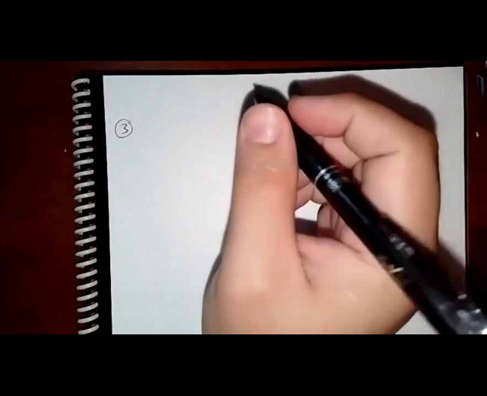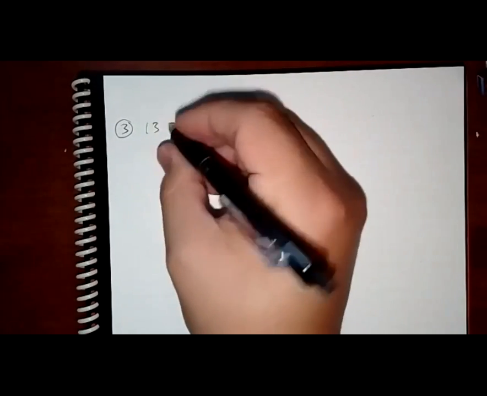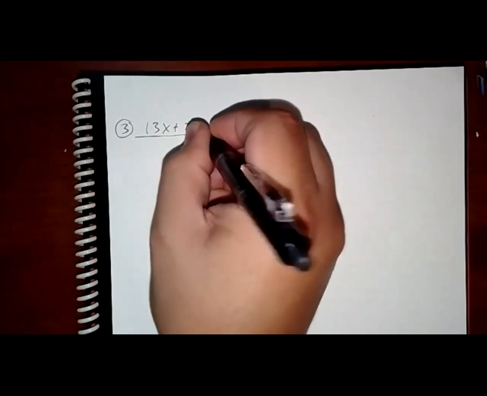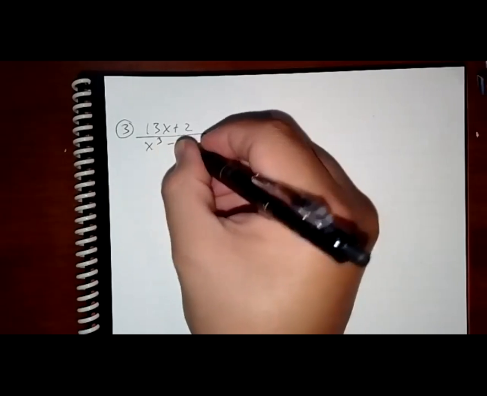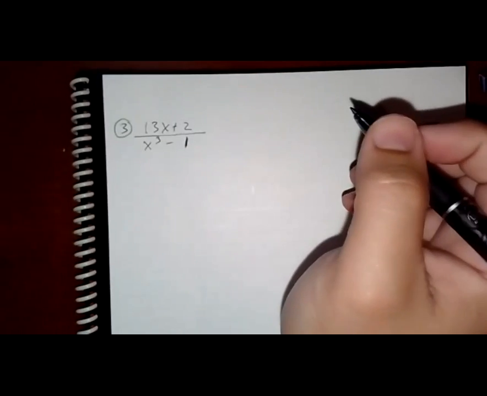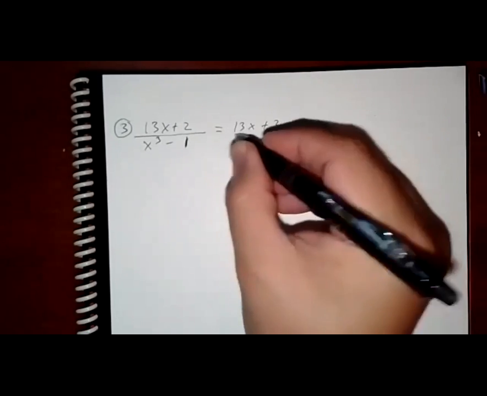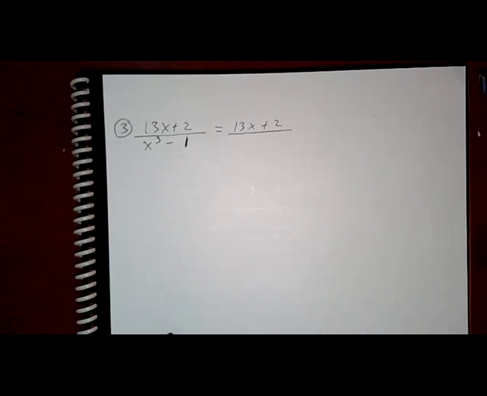So the instructions are still decompose the partial fraction. So I'm not going to write that right now. 13x plus 2 over x cubed minus 1. So this is equal to 13x plus 2 over... The difference of cubes, I forget the formula, so let me double check it, where the pluses go.